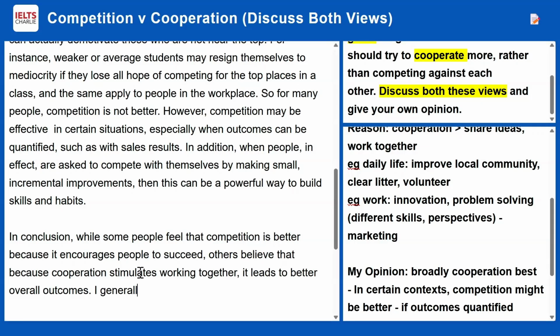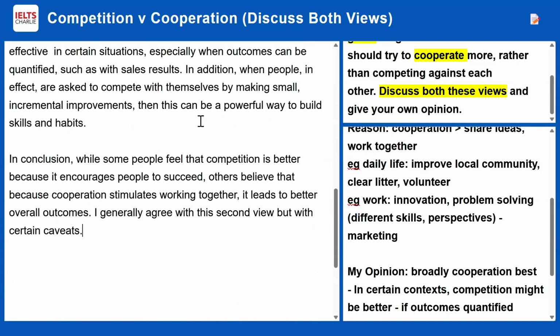I generally agree with this second view, but with certain caveats which I explained in this particular paragraph. Certain caveats, this sort of hedging, this idea that in certain circumstances competition can be a better thing, but broadly I think that cooperation is a better idea.